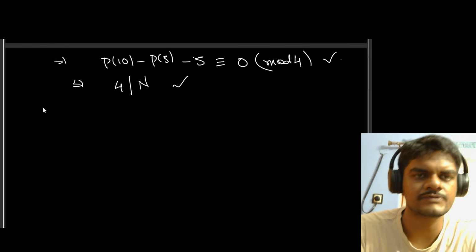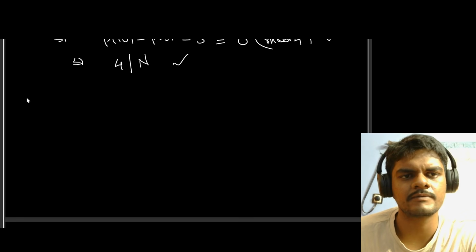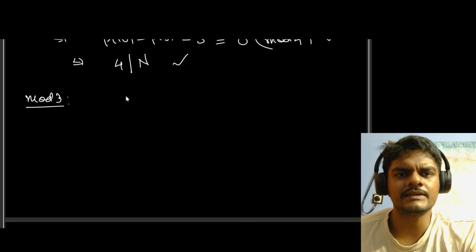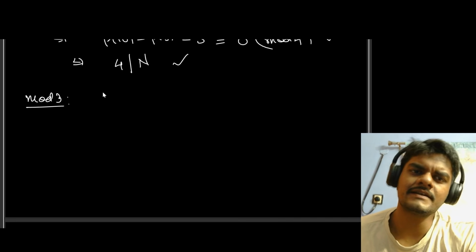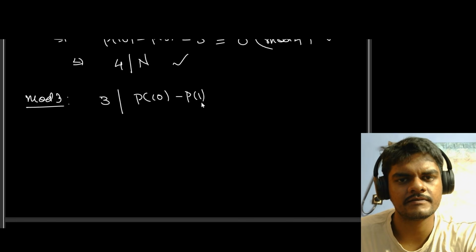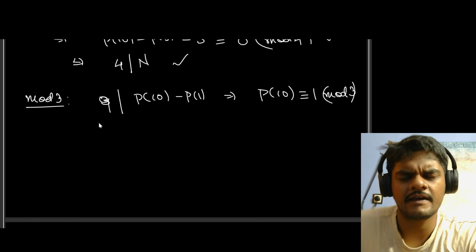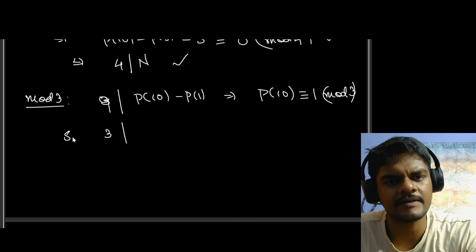Now what is the next one? Sorry, 3, right? So I want mod 3. So 3 you would get with 10 minus 1. So 3 would divide p of 10 minus p of 1, because 9 would divide this. That implies p of 10 is congruent to 1 mod 3. And similarly with 5, 5 minus 2 equal to 3 will divide p of 5 minus p of 2.